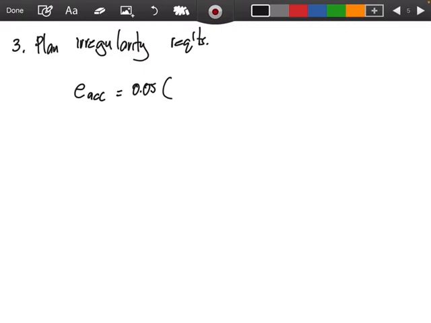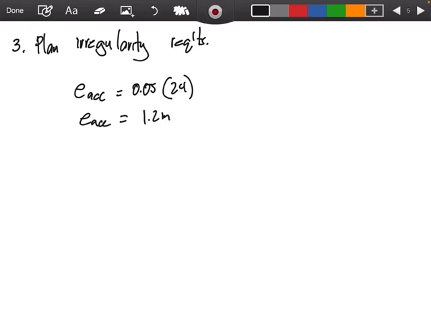Yung perpendicular dun sa ating shear. So that is 24. So this would be what? 5% of 24. So accidental eccentricity due to accidental torsion natin is 1.2 meters.